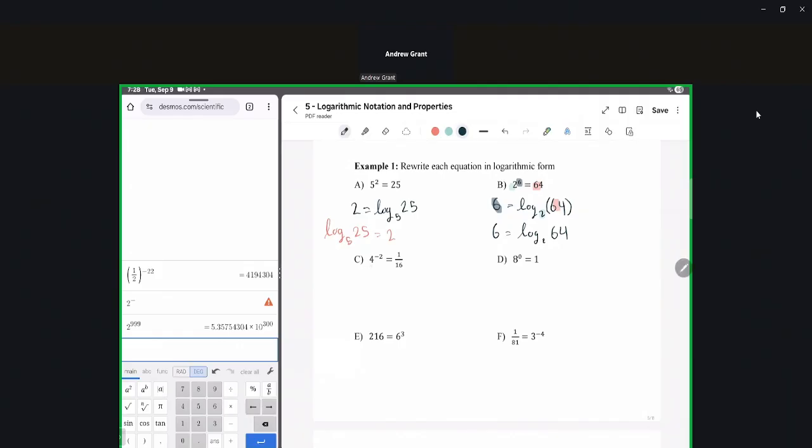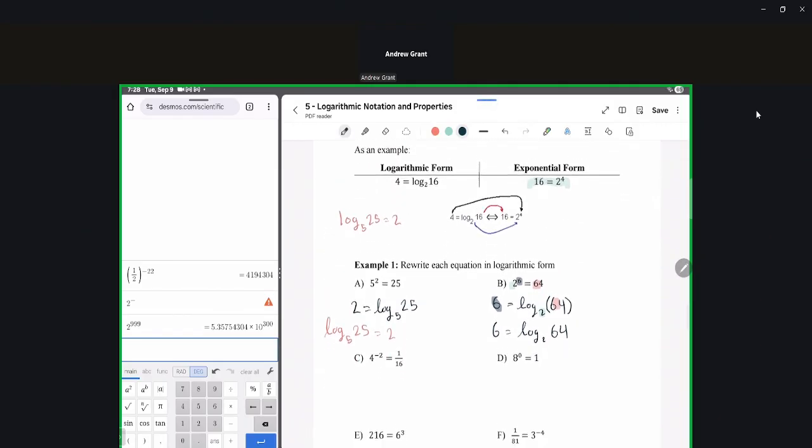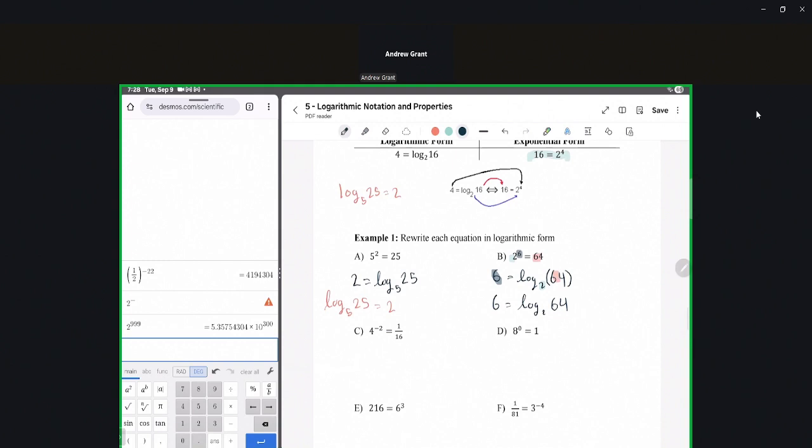So we have 4 to the power of negative 2 is equal to 1 over 16. Using our example from above, we can see that the exponent, negative 2, is equal to log base 4 of 1 over 16.